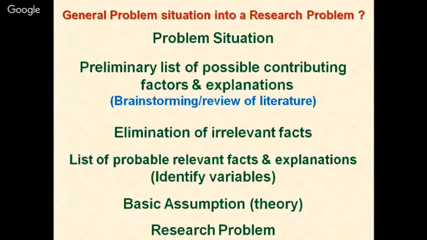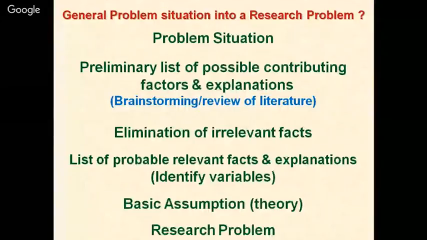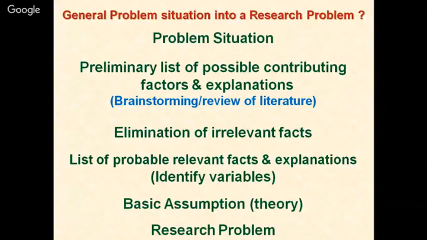So first of all, you have got some idea, and that idea is very vague in your mind. For that, you go to the library, search various journals, and read literature on that particular idea, and you also formulate the problem, which is not very specific, and you prepare a list of possible factors that contribute to that problem.